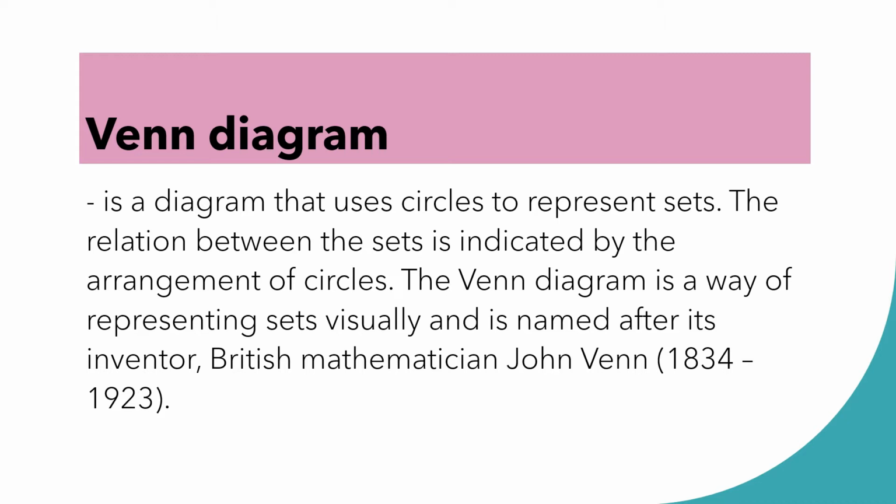So Venn diagram is used to see or represent relationships or connections of sets through the arrangement of circles. Take note that Venn diagram is named after the British mathematician John Venn. His last name is Venn, so that is called as Venn diagram.